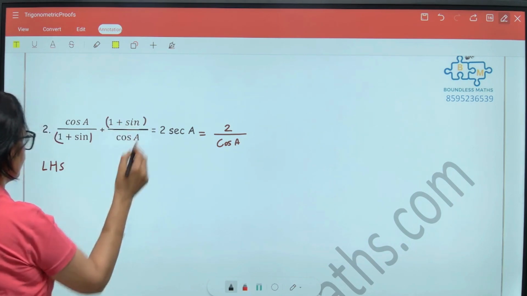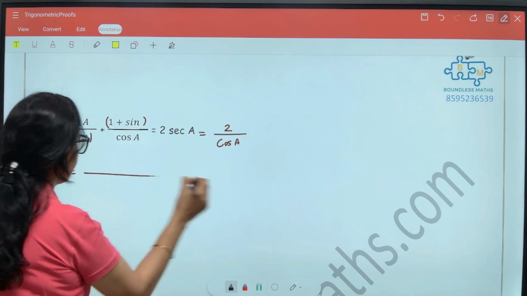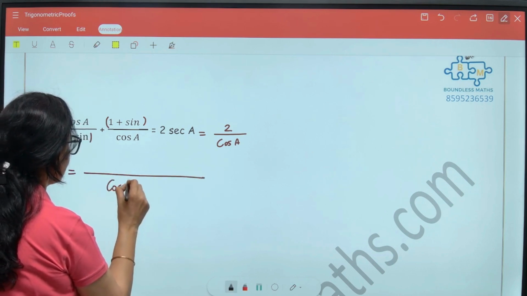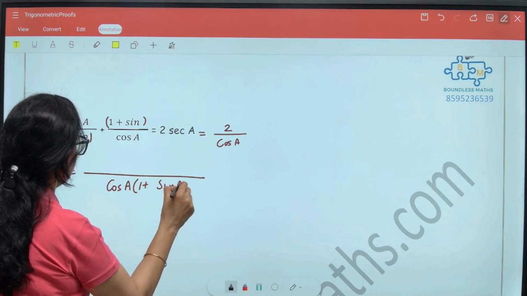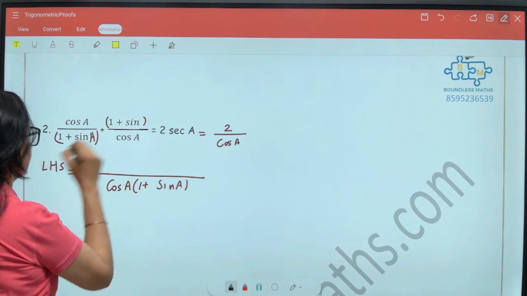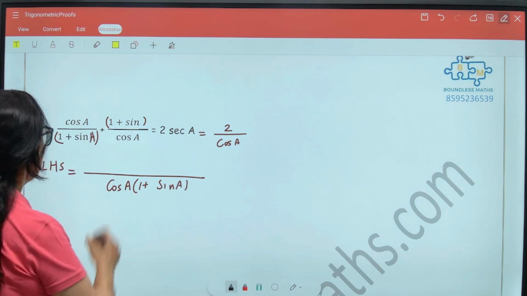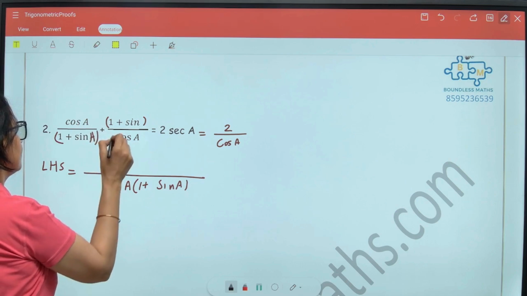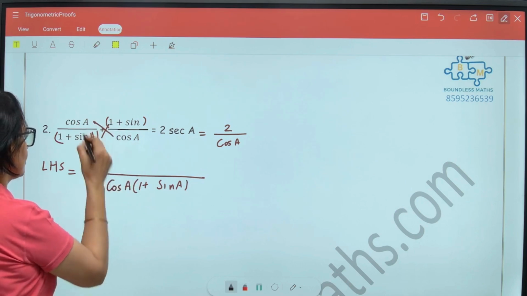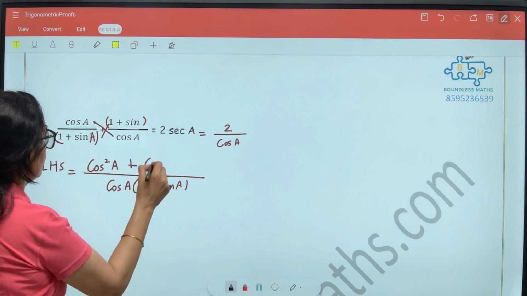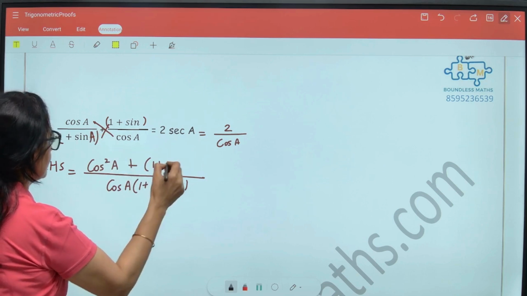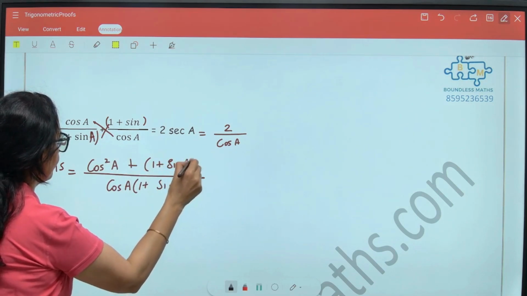What is the LCM of these two terms? If I just put the brackets, the left side becomes cos A multiplied by 1 plus sin A. It should be A here, A is missing. Okay. Now when you take the LCM, you create a cross. So the numerator becomes cos²A plus 1 plus sin A whole square, right?